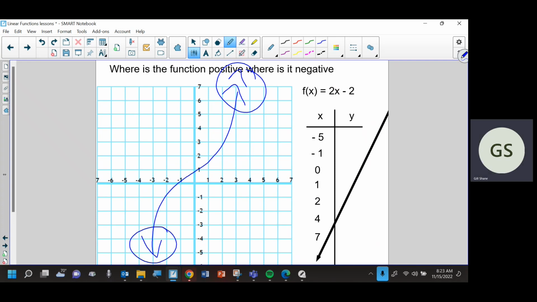Getting smaller, right? So they're decreasing. So as X decreases, because I'm going left, what's that arrow doing? What's the left arrow doing? Going up or down? Going down. So that means the Y is also decreasing.